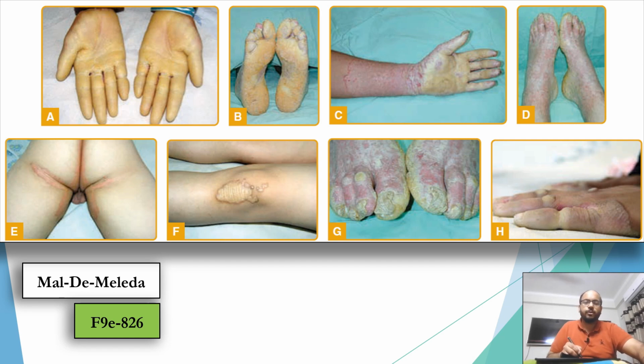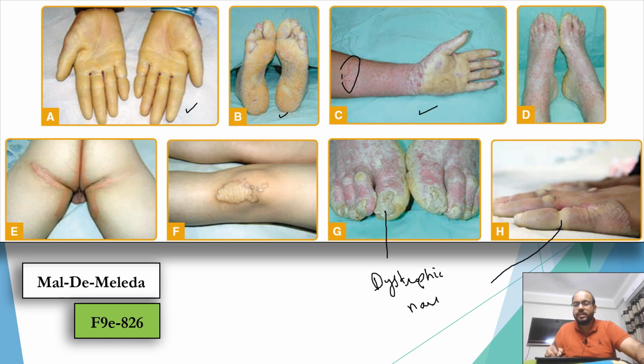This picture I've taken from Rook's, and this one from Fitzpatrick. Again, it's a diffuse palmoplantar keratoderma. Look at this diffuse nature. Look at this red margin here. And if you look at these nails, you can see nail thickening, dystrophic nails.